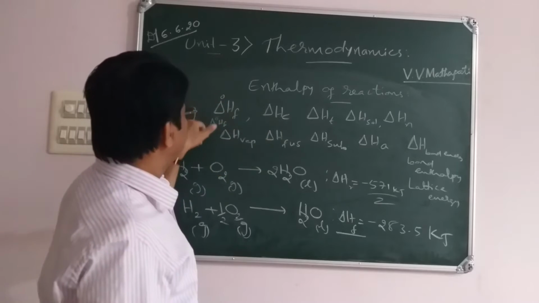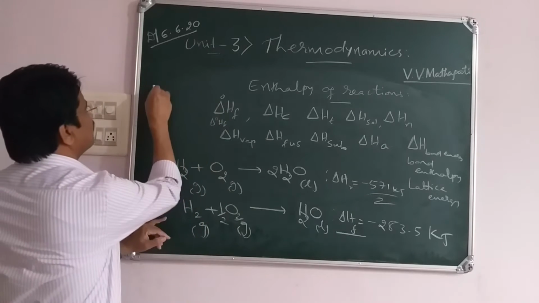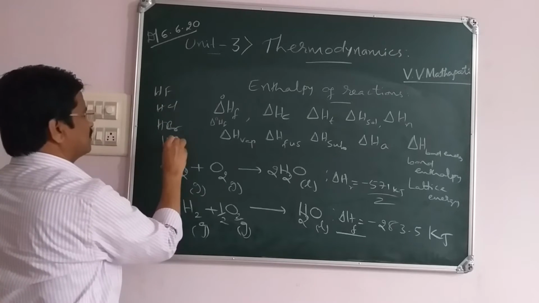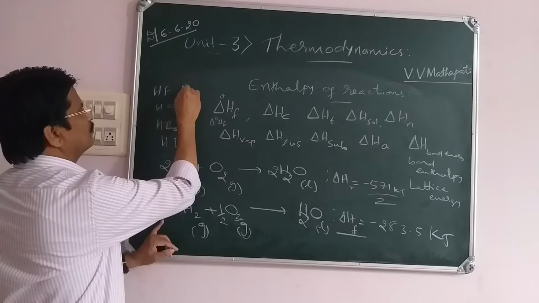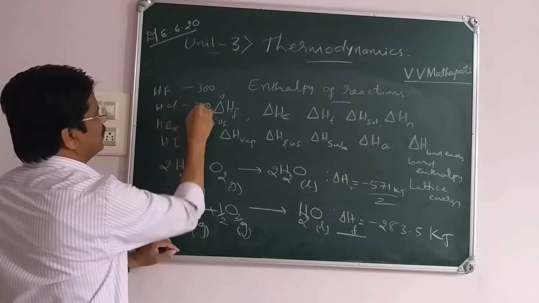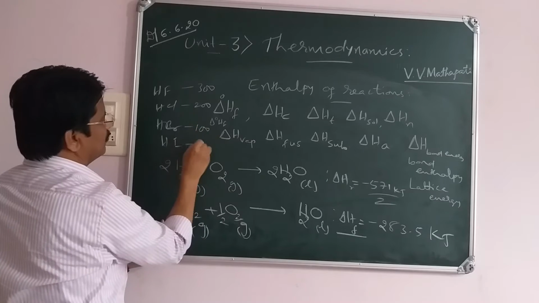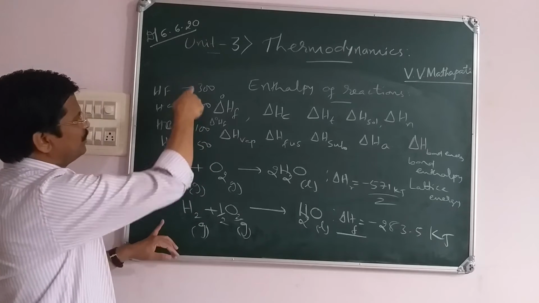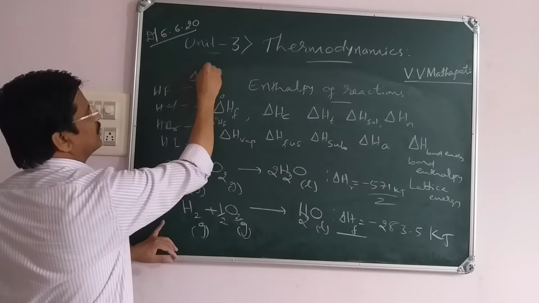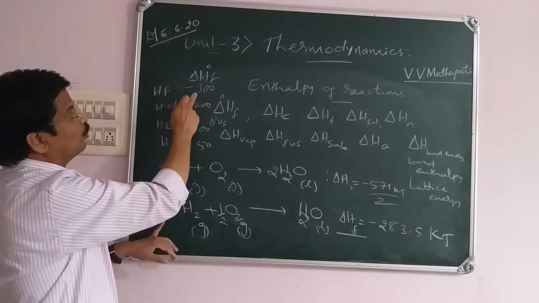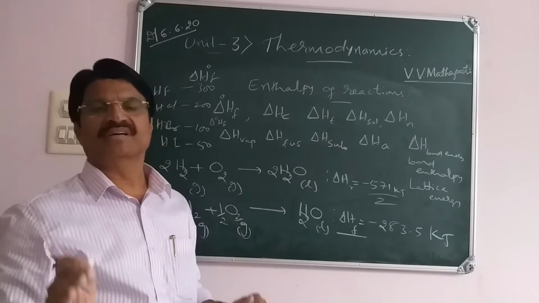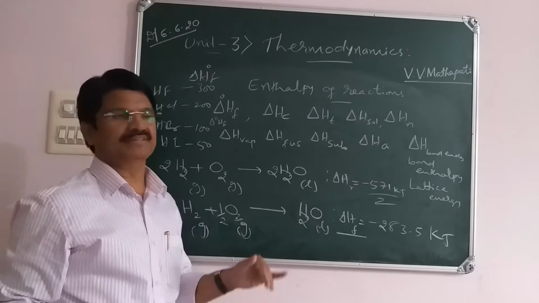Now consider HF, HCl, HBr, HI. Let the values be minus 300, minus 200, minus 100, minus 50. Therefore the highest value is minus 50 and the lowest value is minus 300. The lower the delta H naught, the lower the standard enthalpy of formation, and the higher the stability.